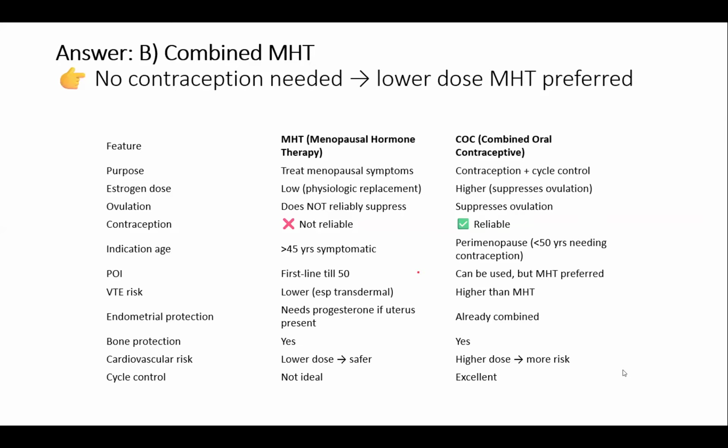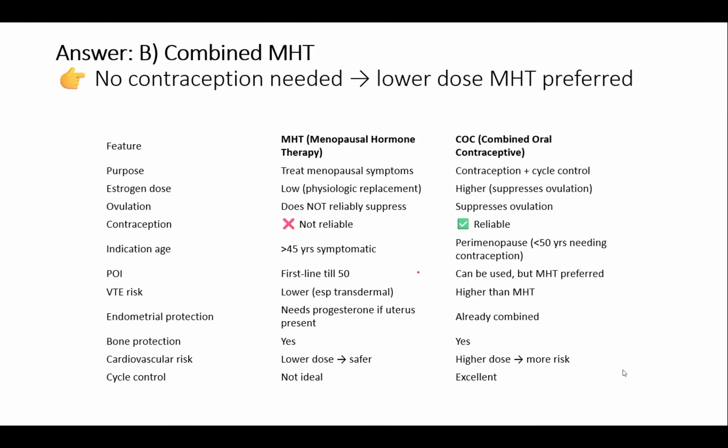So in the first question, when the question tells of a 47-year-old lady who is menstruating, where there is a chance of getting pregnancy, we will go with combined oral contraceptive pills.